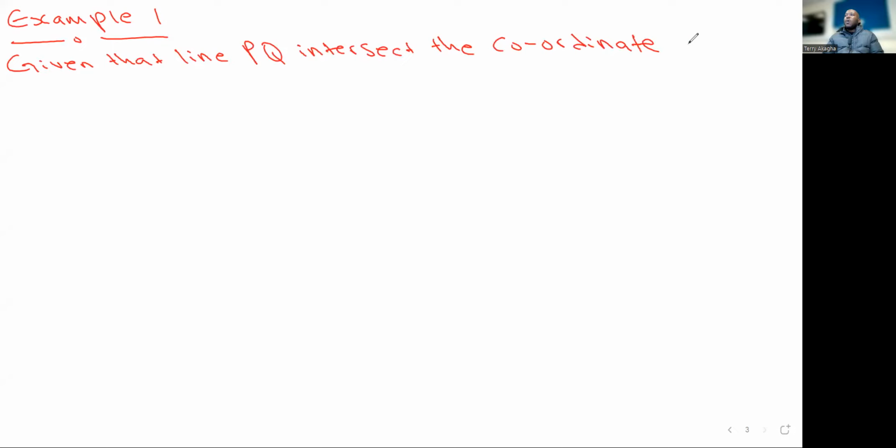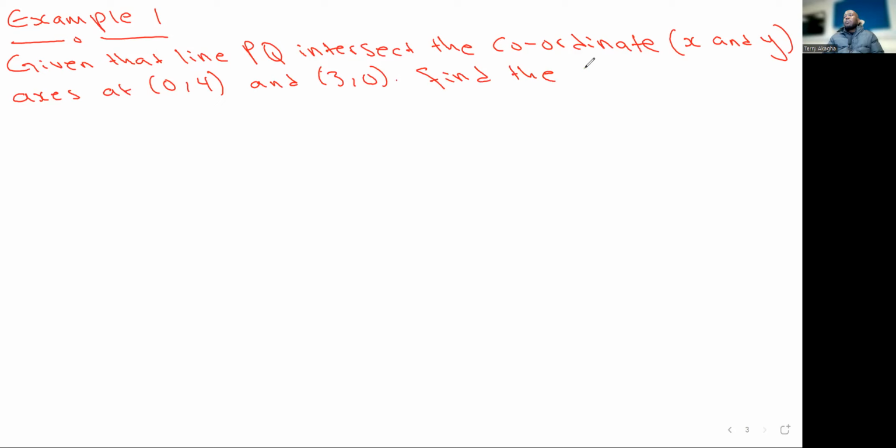Remember, when we say coordinate axis, we're referring to the X and Y axis, at (0, 4) and (3, 0). We're now told to find the area of triangle OPQ. All right? So as usual, the first step is that we need to find the lengths of A, B, C, right?